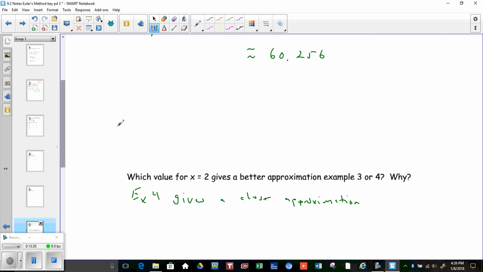And we need to talk about this thing called error, because it will ask you that on some of the problems. And the error is simply going to be the actual minus the estimated. And that's the error in one of these things. So we could find the error for 4.